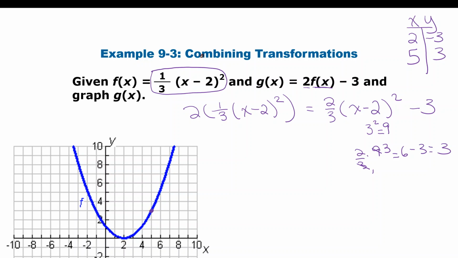Now, since this is a parabola, it's going to be symmetric around the axis of symmetry. So if I go 1, 2, 3 to the right, then I can go the other way 1, 2, 3, and have another point here. So that's really all I need to do to graph my new function. And there it is.